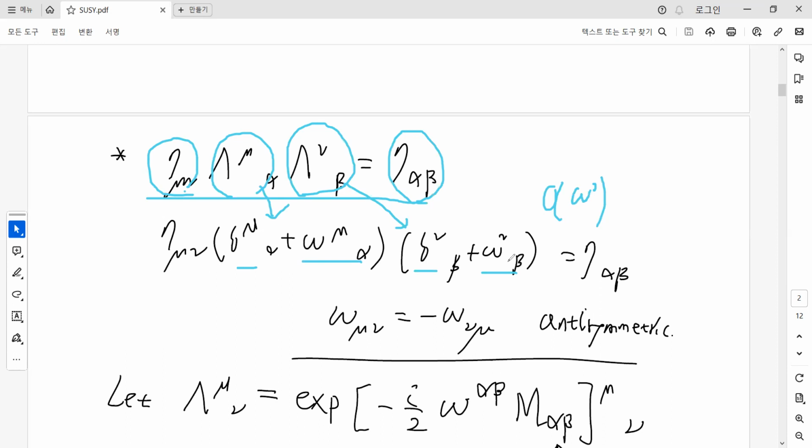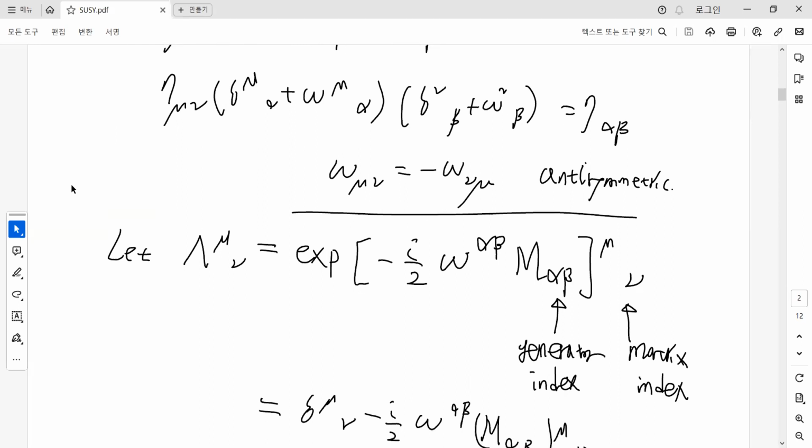Then to satisfy these equations, the metric transform, the parameters of omega should be antisymmetric about the exchange of the indices. This antisymmetric property of the indices is quite meaningful if we consider an exchange of the rotational axis or boost axis, it means that there is some antisymmetry.